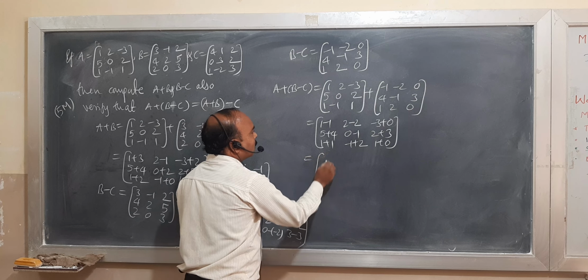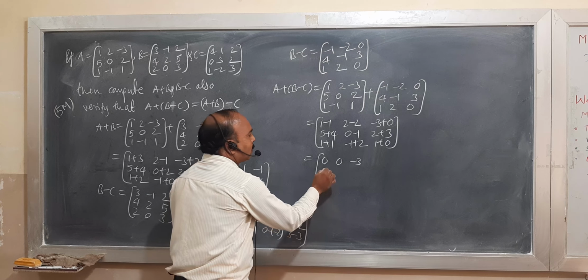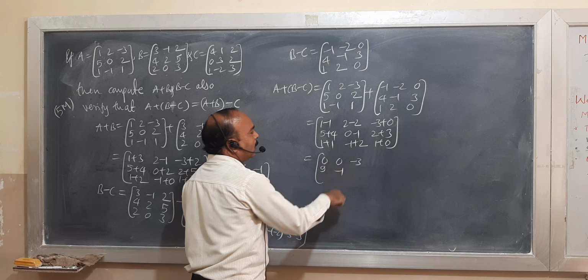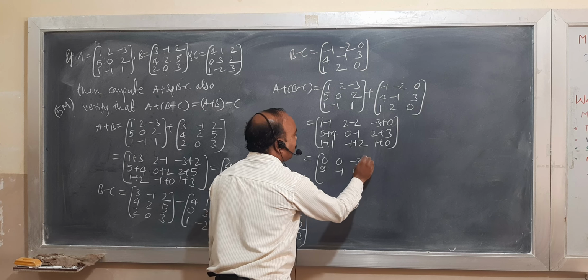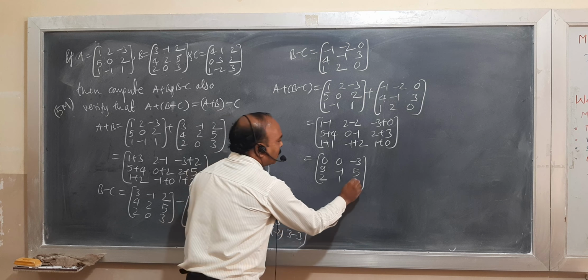So our answer is 0, 0, minus 3 plus 0 is minus 3, 5 plus 4, 9, minus 1, 2 plus 3 is 5, 1 plus 1 is 2, 1, it is 1.